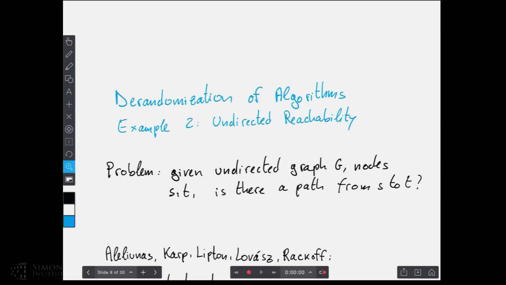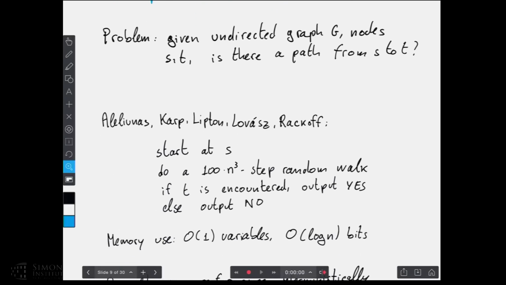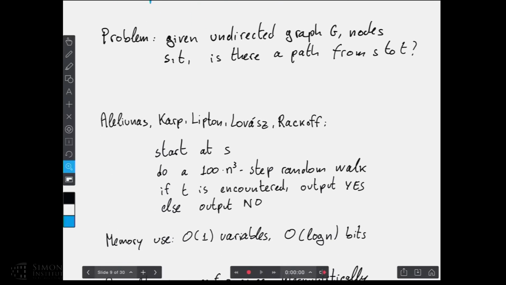But an interesting observation from the 70s was that we can also solve it in polynomial time with constant memory, or log n memory, depending on how you measure it exactly. And the algorithm is as follows. You start from one vertex. You do a random walk for up to order n cubed steps. If you encounter the other vertex at some point in the walk, you know there is a path between them. If you don't, you say there is no path between them.